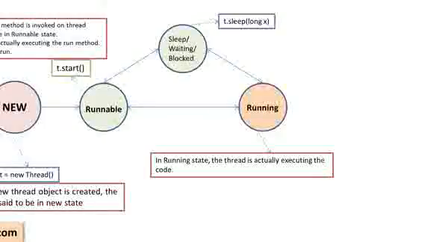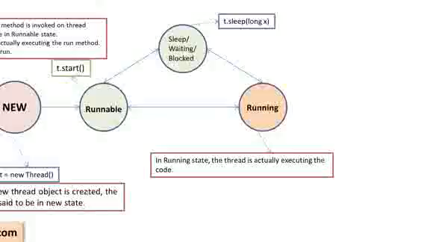These statuses are actually assigned by the thread scheduler. When the thread is in any of these three states, that is runnable, running or sleep, wait or blocked state, the thread is said to be active and alive.